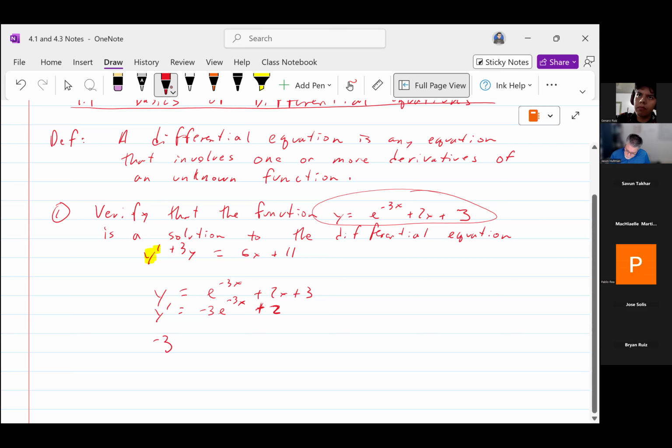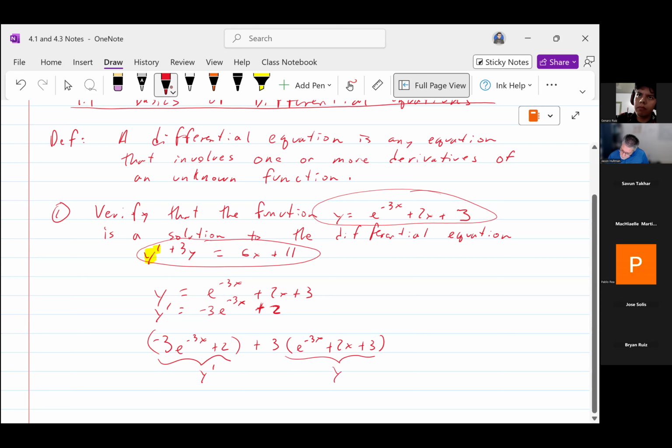So we have negative 3 e to the negative 3x plus 2. That's my y prime. Plus my 3y, but what was y? I'm plugging it into this equation here. This was y prime. This is going to be 3 times y, which is e to the negative 3x plus 2x plus 3.